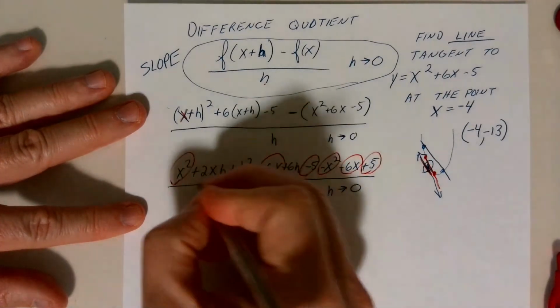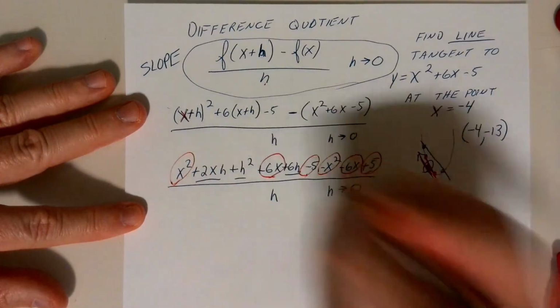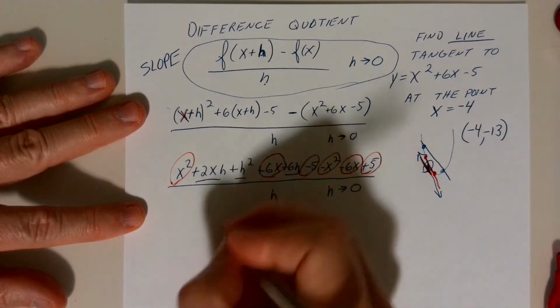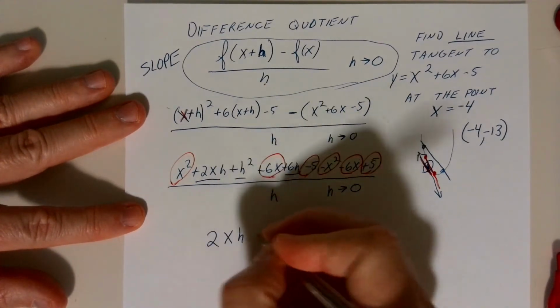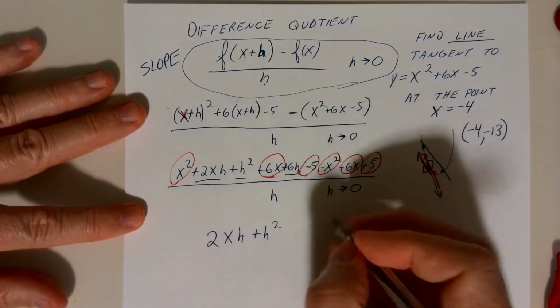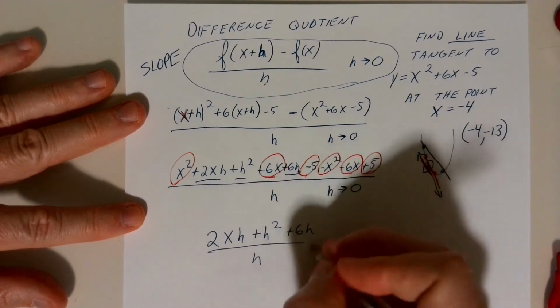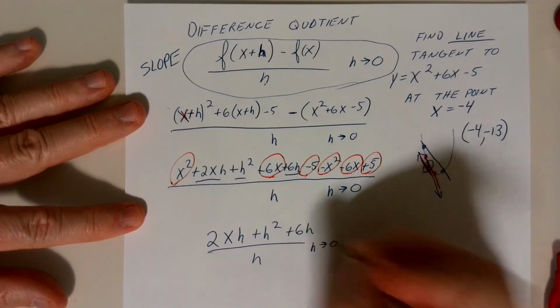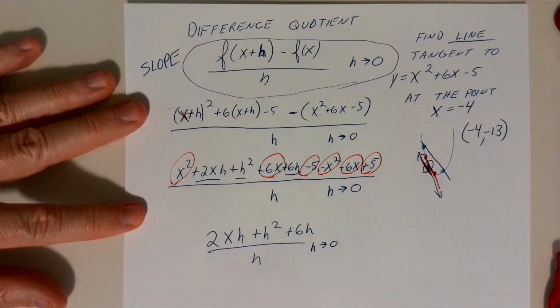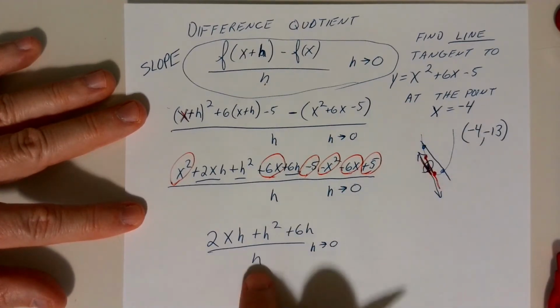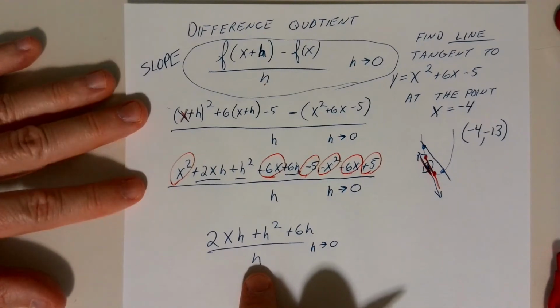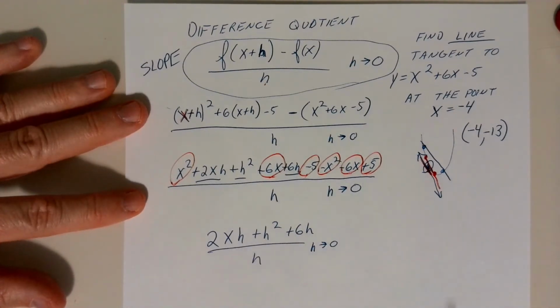The only things you're left with are terms with h's in them. Isn't that crazy? So you get 2xh plus h squared plus 6h over h as h approaches 0. And you know you can't let h equal 0, because then you'd have division by 0, which is undefined, and we'd have a function that doesn't work at all.